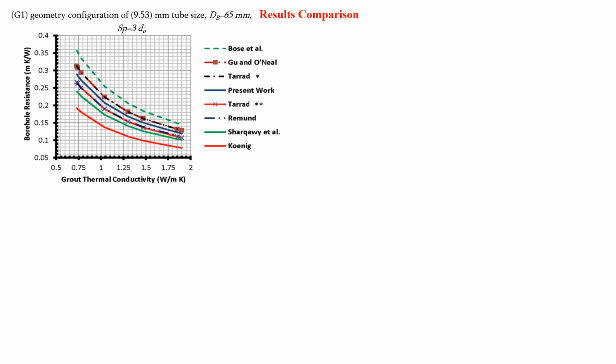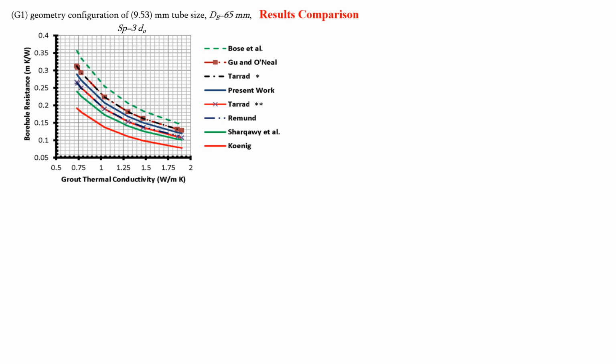Results comparison of the present correlation and compared with other available correlations in the open literature, we have here the geometry as represented by G1, where the tube diameter is 9.53 millimeter, D bore equal to 65 millimeter, and SP, the spacing between the legs of the U-tube, equal to 3 D naught.